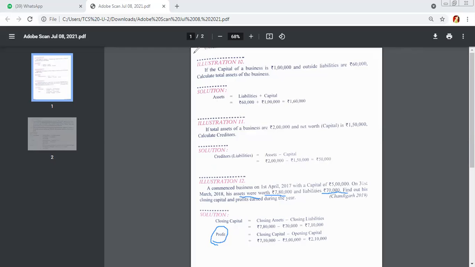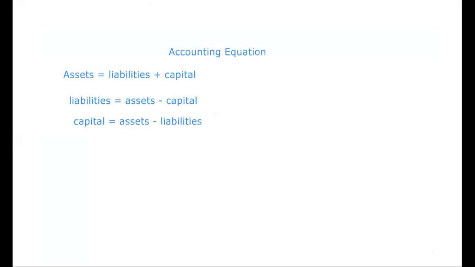But suppose so many items are given to you, then what to do? I'm just telling you another formula, with the help of which you can also find out various things. If in the question a business started, there is an opening capital with every business.